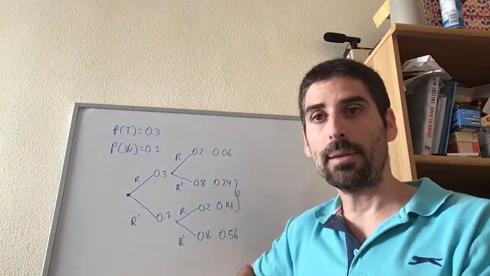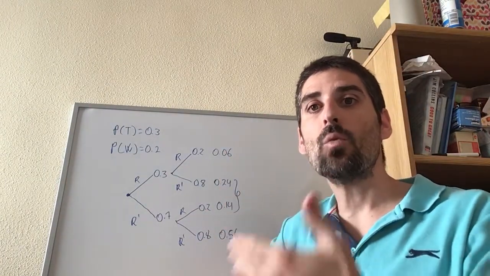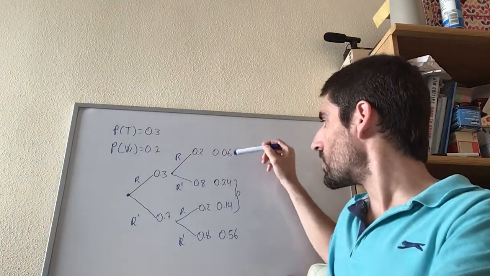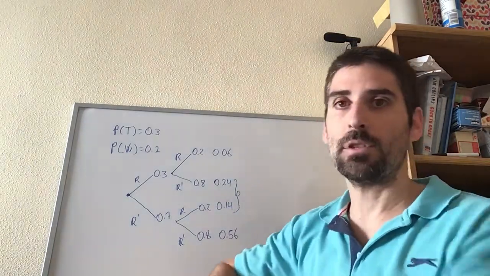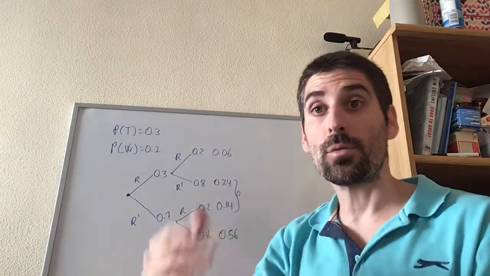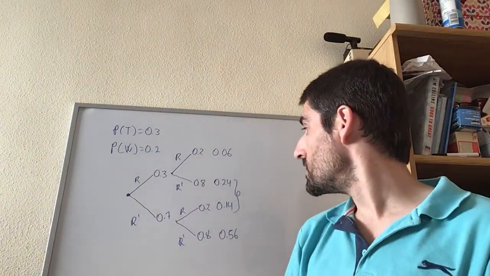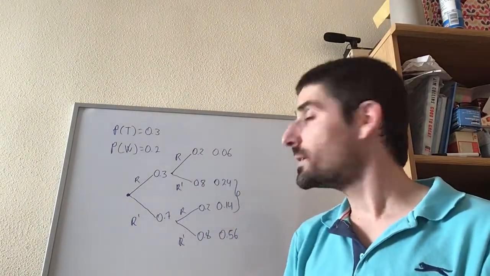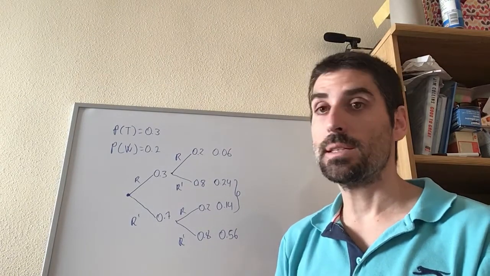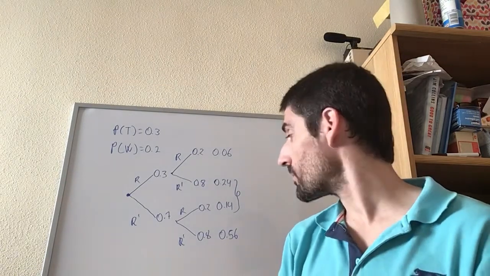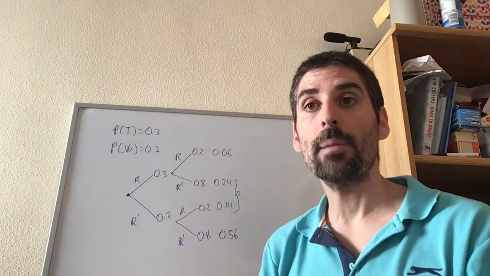So that's this, or that, or that, which means I will have to add all those three together. So 0.38 plus 0.06 is 0.44. So it's a 44% chance. Okay.